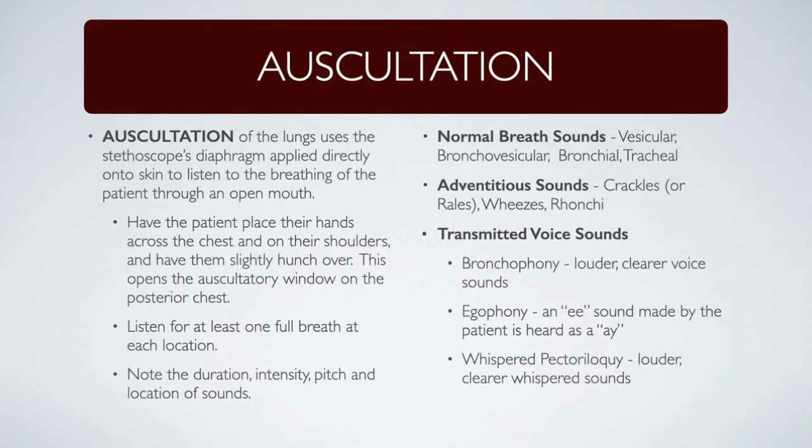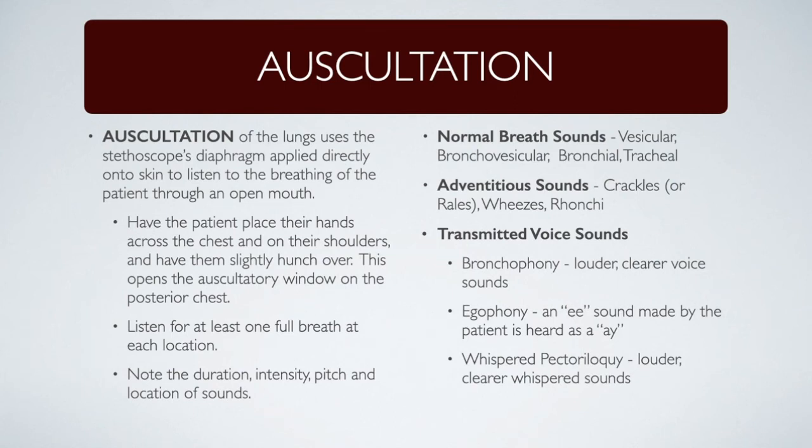As I've described earlier, auscultation is best done when the patient assumes a particular position, which is with the hands crossed over the chest, hands on the opposite shoulders, and hunched over a bit. This opens the auscultatory window on the posterior chest.